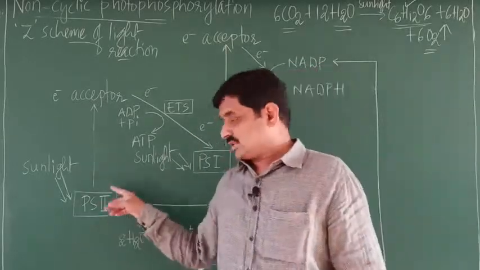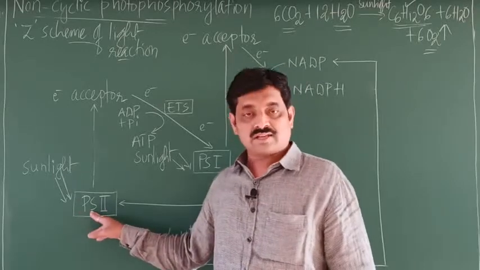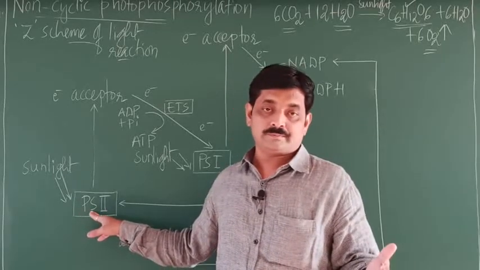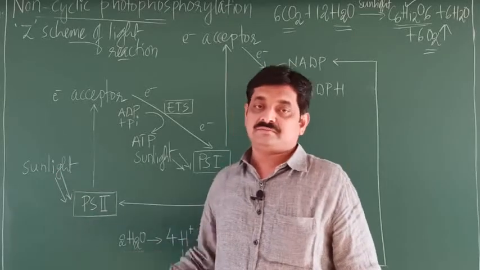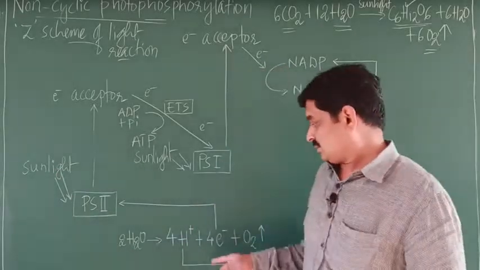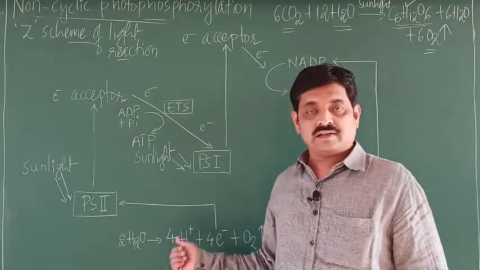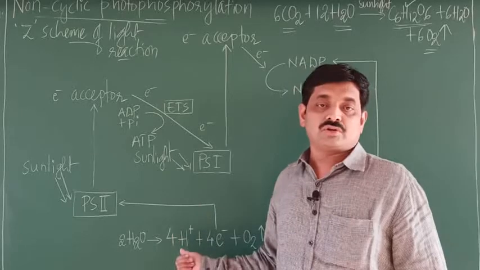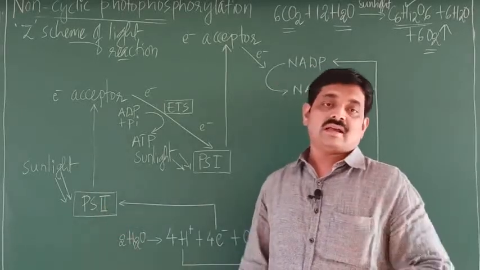Now this photosystem 2, which has chlorophyll pigment, when it receives the sunlight and the electrons produced during photolysis of water, it becomes excited.